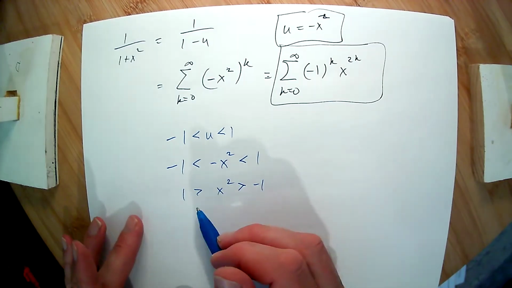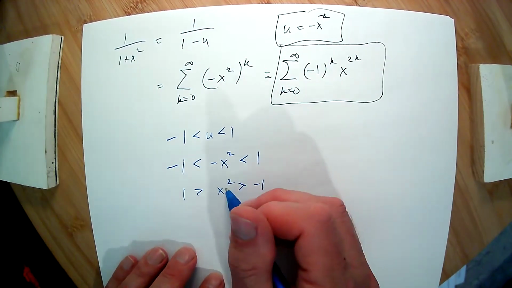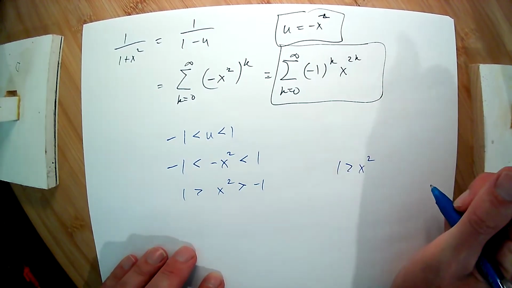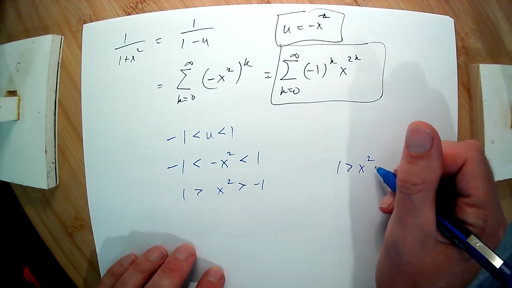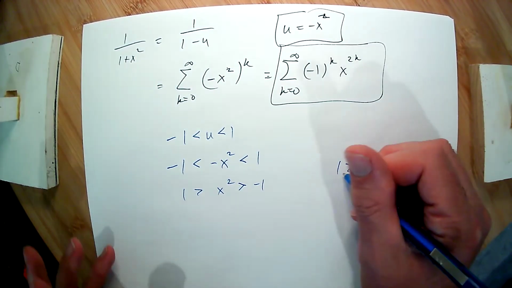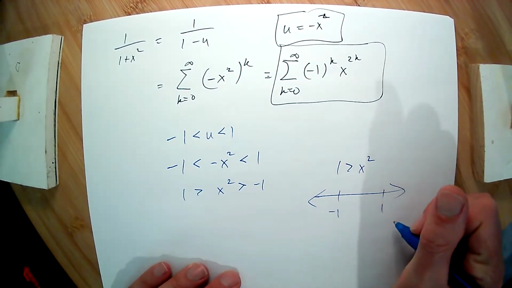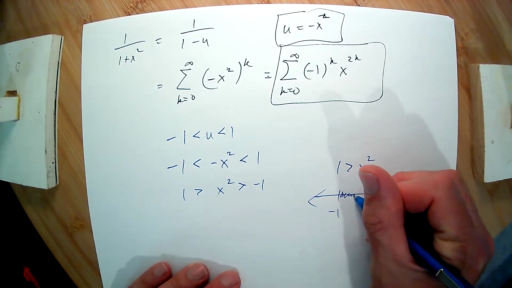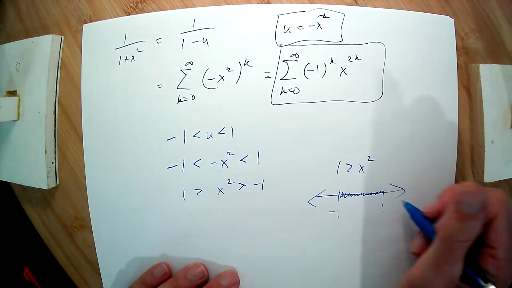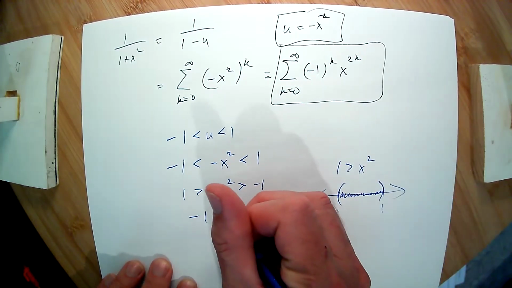It just turns out that in this case, we're really ending up solving 1 is greater than x squared. So x squared equals 1 at plus or minus 1, and you could make a little table to figure out that between -1 and 1 are the areas where x squared is less than 1, and out here is where it's greater. So it still ends up being -1 up to 1.